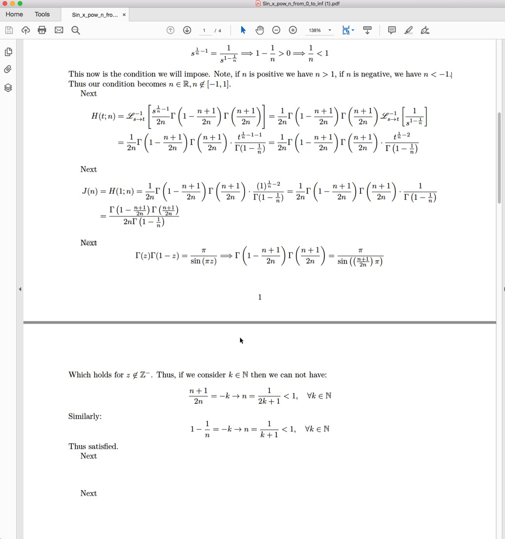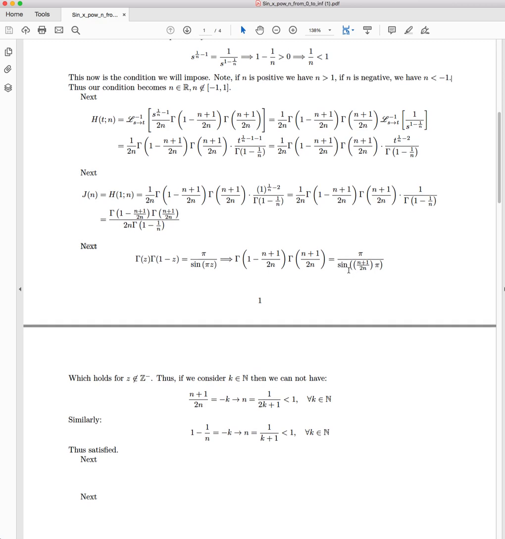Okay, so the condition is, with the restrictions that we currently have on n, do we have to further expand them? The current restrictions that we've got is that n is a real number, and that n cannot be between negative 1 and 1. We now have a new condition that must be satisfied, that n plus 1 over 2n cannot be a negative integer or any integer for that matter.